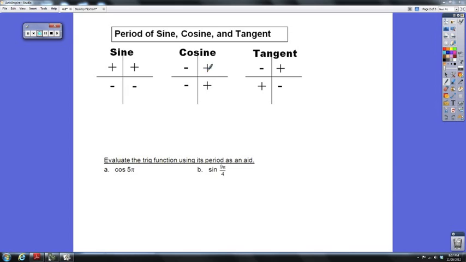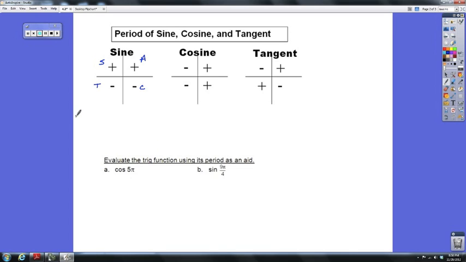I've already filled in the signs, like positive in this quadrant, negative in this quadrant, negative in this quadrant, positive in this quadrant, based on your All Students Take Calculus rule. So the signs are already filled in for you.